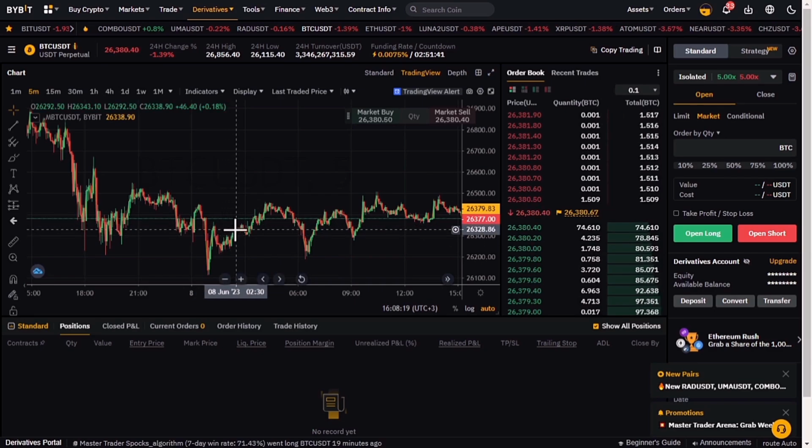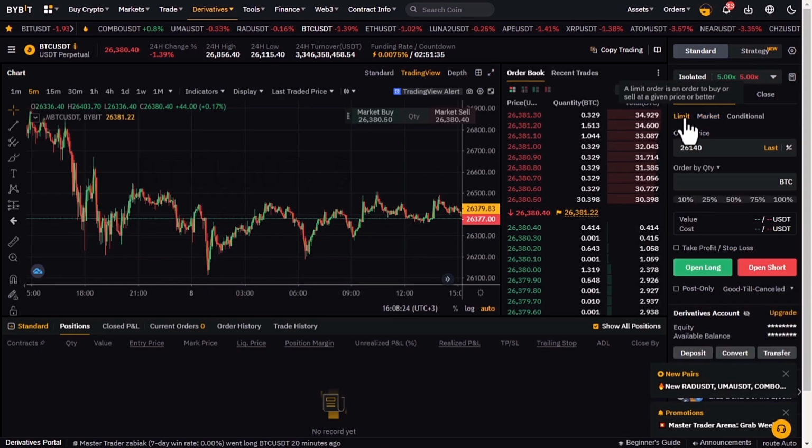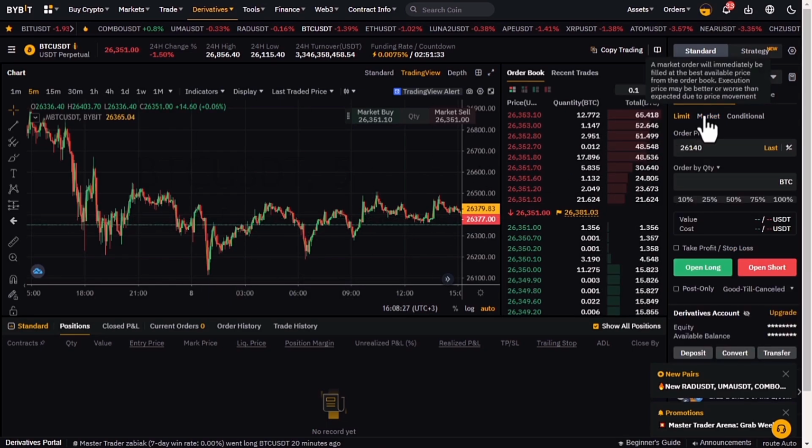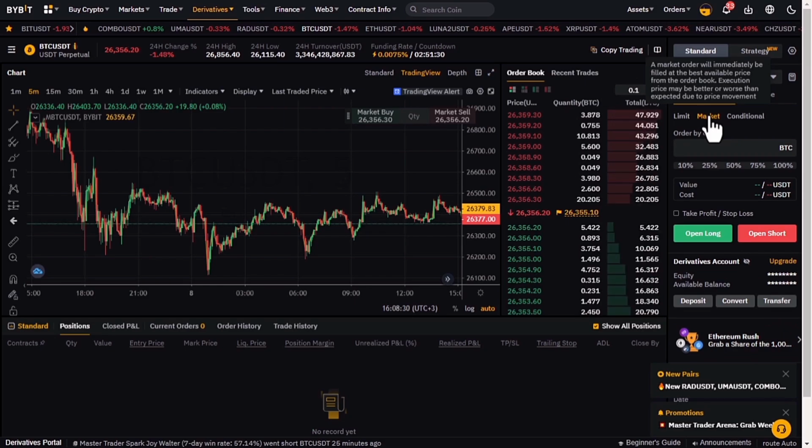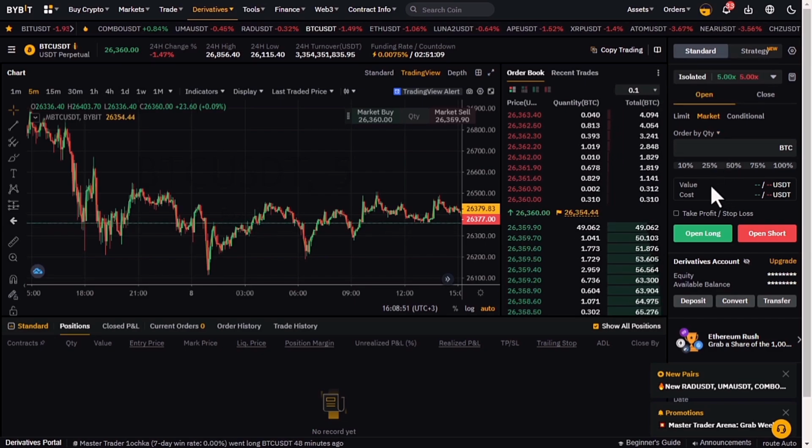So you cannot predict that exact point, and you cannot go limit. You can enter the trade with a market order, pay a little bit more fee, but then you can come out of the market, which I'm going to show you, and close your position automatically by a limit order and make your fees less. So you're going to balance it somehow, and I'm going to show you how. So it's just like the limit order, but you're not going to predict anything.